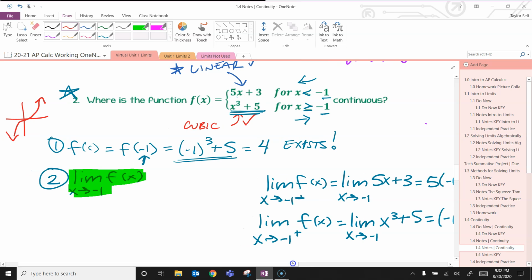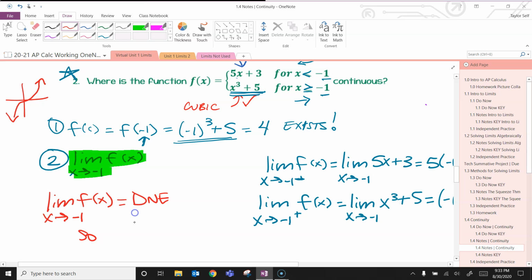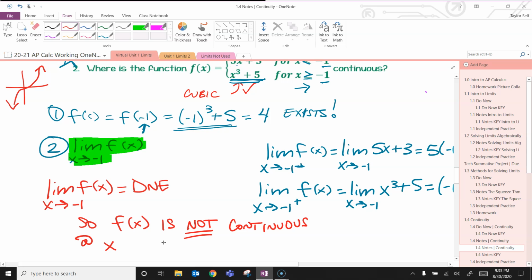We're going to say the limit as x approaches -1 of f of x does not exist. And then we would conclude, so f of x is not continuous. At what x value? What was the problem child? At x equals -1. Sad, we're not continuous.